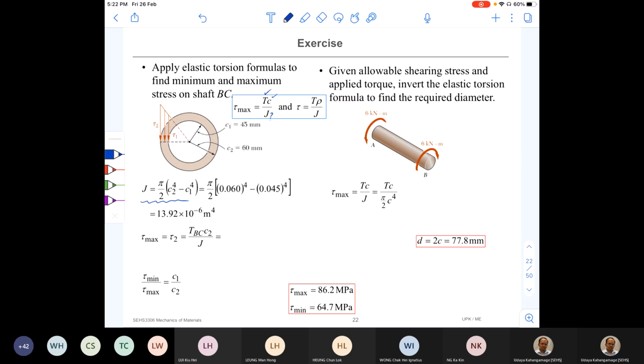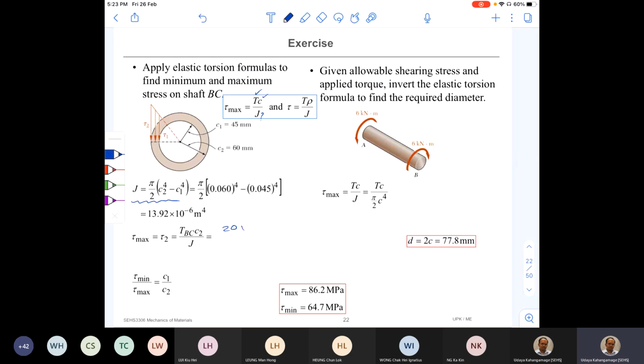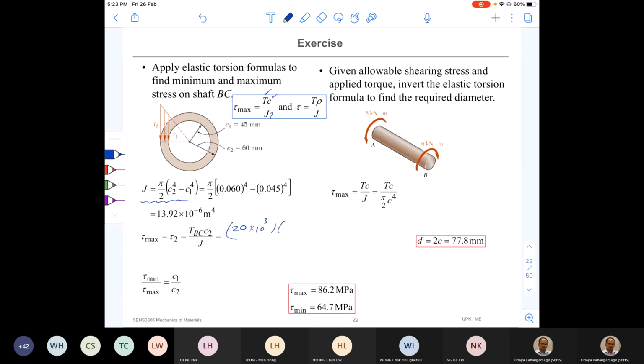So let's write all the values. TBC is 20 kilonewton meter, so you need to multiply it by 10 to the power 3. And C2 is 60 millimeters, that is 0.06, divided by J. J is 13.92 into 10 to the minus 6.